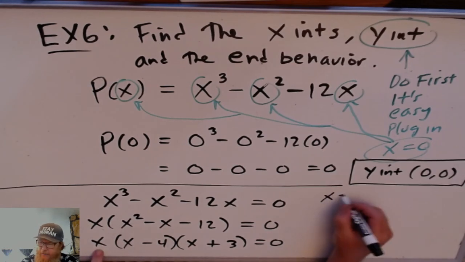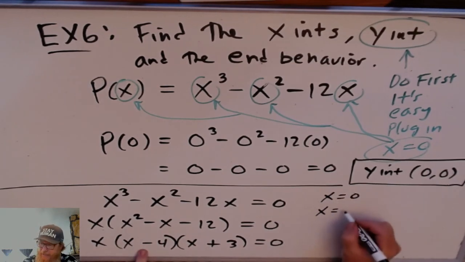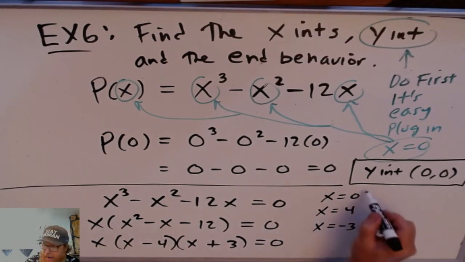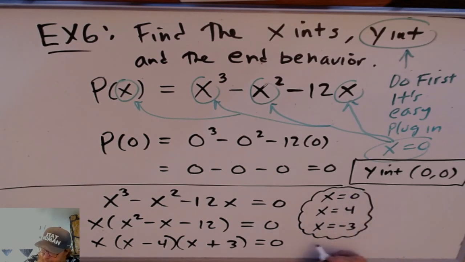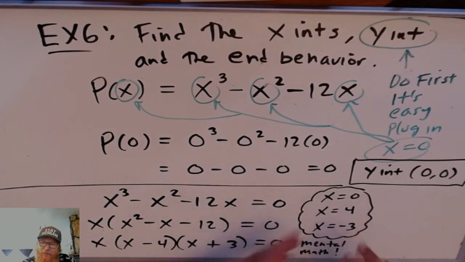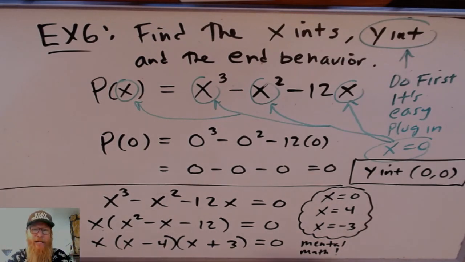You're going to get x equals 0, x equals 4, and x equals -3. Yeah, mental math. If you don't want to do mental math, then you can take these equations and solve them like I did in the other problems. I'm coming to the end of our time today, so I'm going to go ahead and move on.